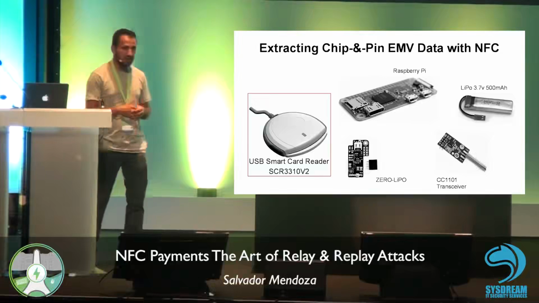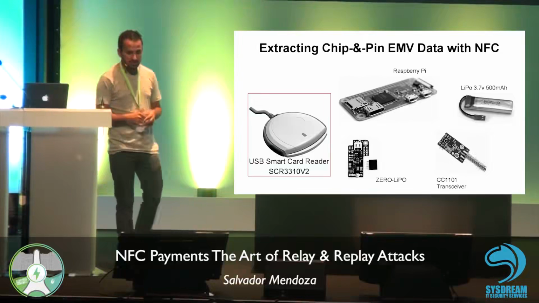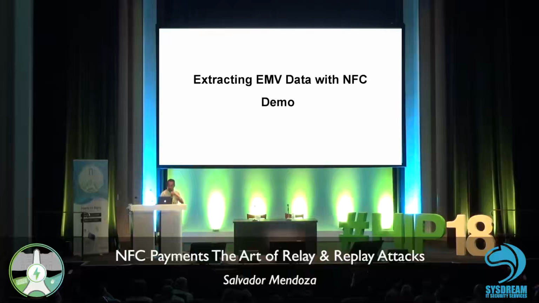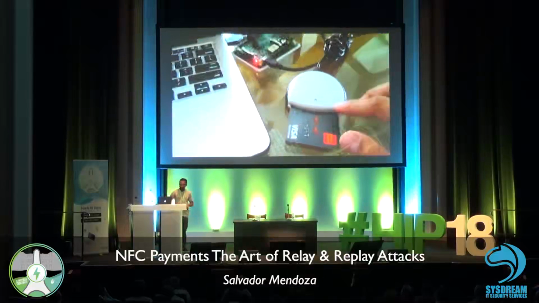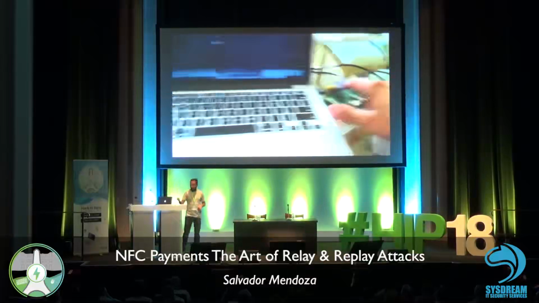Instead of using an ACR122 on one side of the Sentinelas, I changed it with the USB Morse card reader. So let's play a demo. I like demos. Basically, I have the chip and PIN card connected to my Raspberry Pi, connected to the SDR.